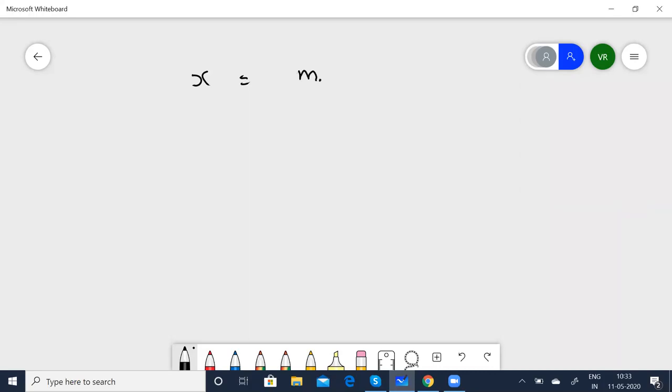If capital M is the mass before explosion, then I can put mv, that is the momentum before explosion, is equal to m into 0, I'll take this as small m, plus, because it is now breaking itself into two fragments, m minus m into x.